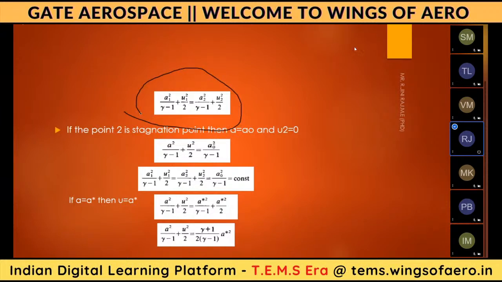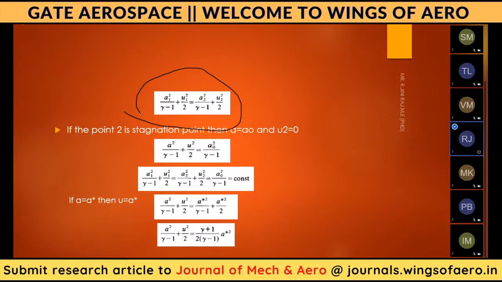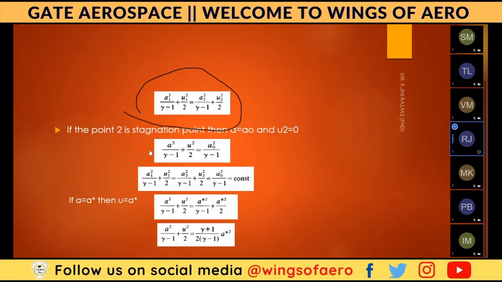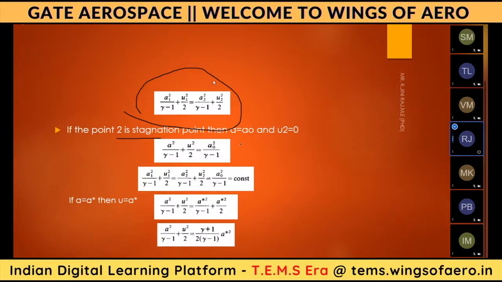Now, in order to find the stagnation conditions, what I am doing is fixing a point. Maybe we can fix the first point itself as the stagnation point. But here I am considering like this: if point 2 is the stagnation point, then a will be equal to a naught and u2 will be equal to 0.